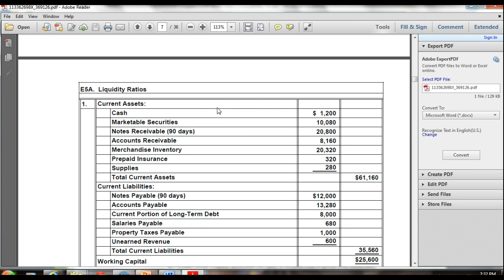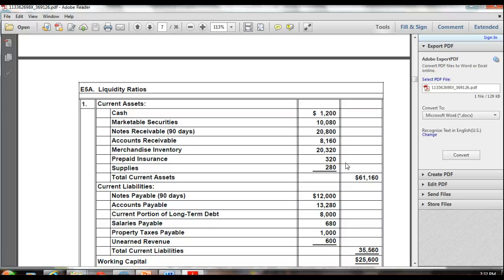We're going to take our current assets, which include cash, marketable securities, the 90-day notes receivable, our accounts receivable, our merchandise inventory, our prepaid insurance, and our supplies will give us total current assets of $61,160.